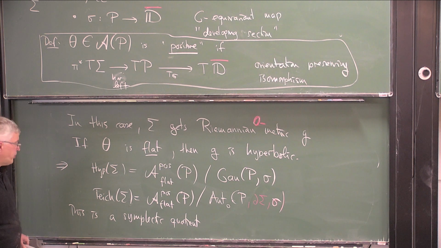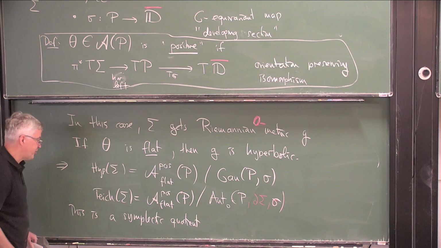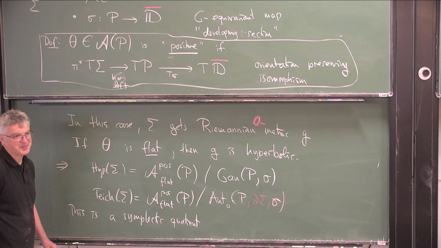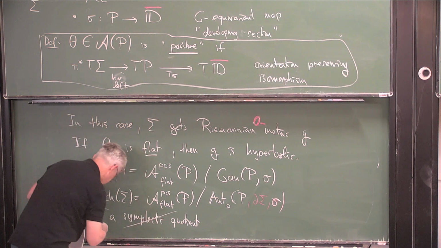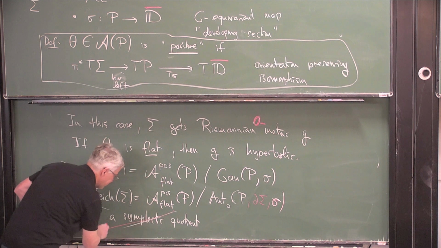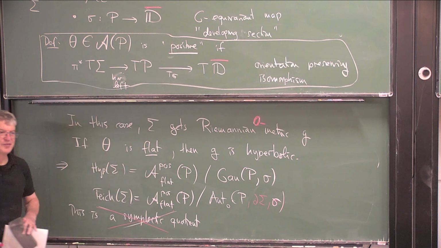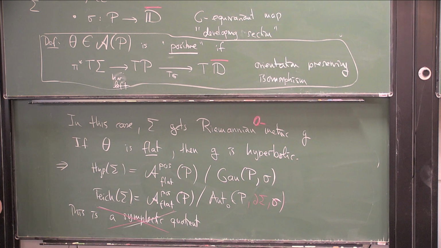Okay, we would like to say that we're done, but unfortunately we're not. This is the symplectic portion, and unfortunately it's not true on the nose. So, almost, but unfortunately not quite true. What's not true?